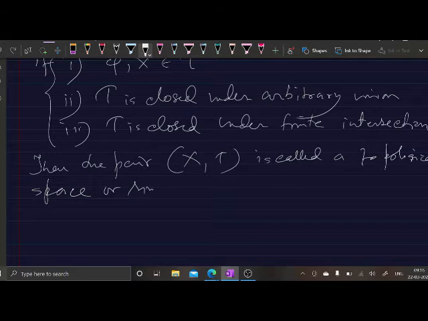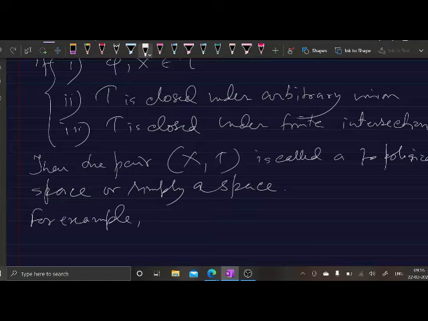Or simply a space. For example, any metric space is a topological space, right?